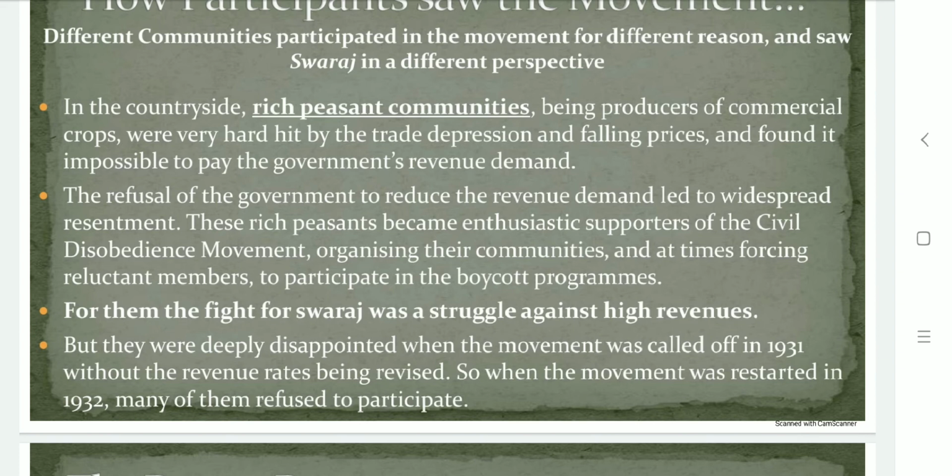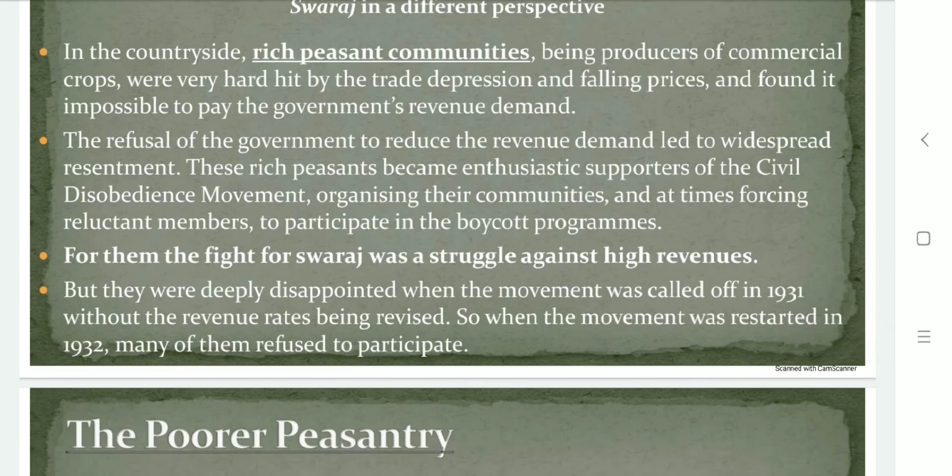Therefore, rich peasants enthusiastically participated in the first phase of civil disobedience movement and organized communities, and at times forcing reluctant members to participate in the boycott program. So rich peasants participated for Swaraj against high revenue. But they were deeply disappointed when the movement was called off in 1931.